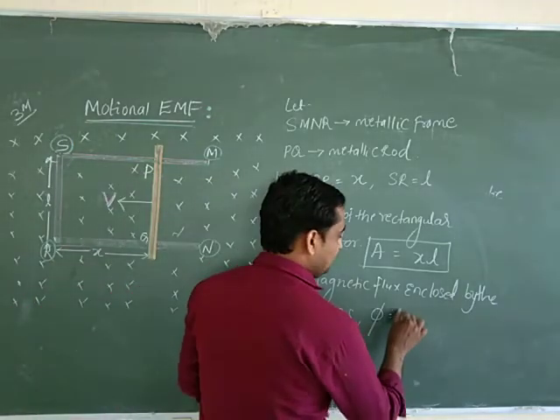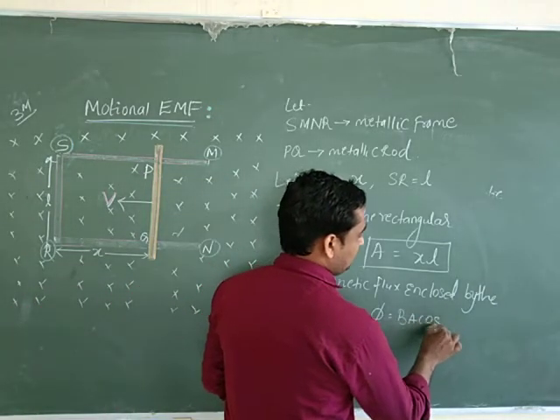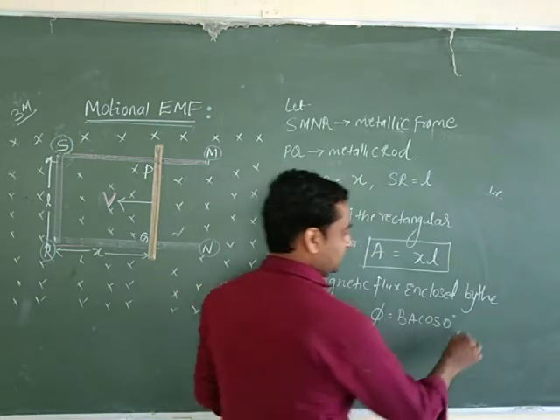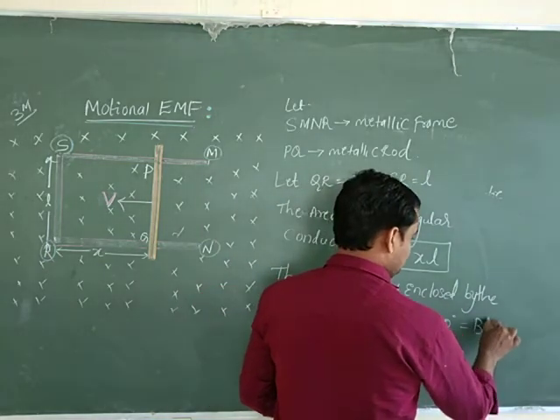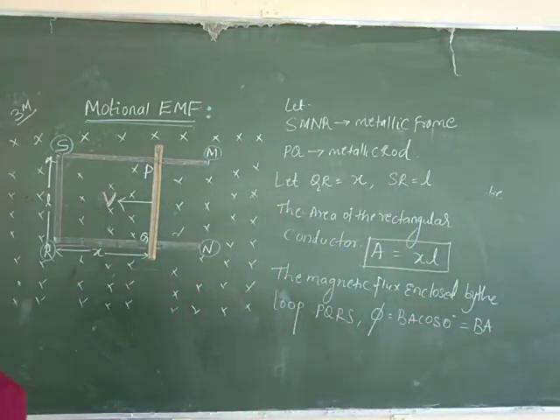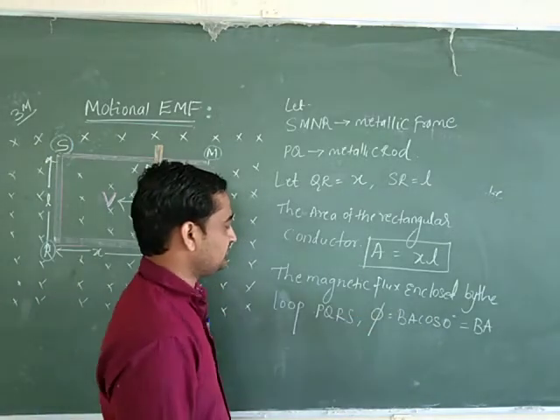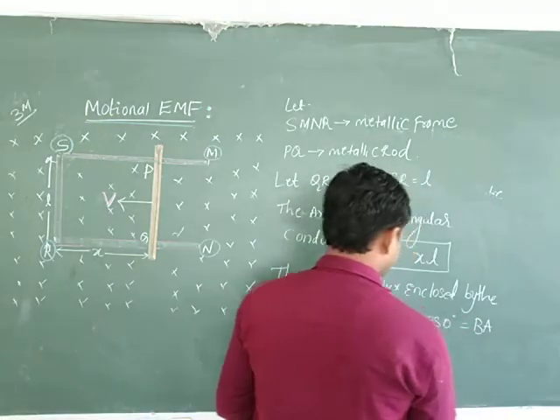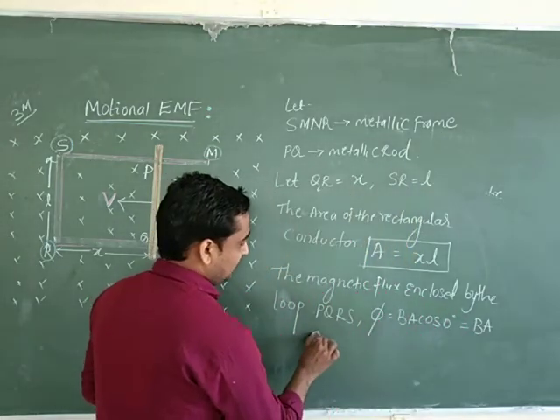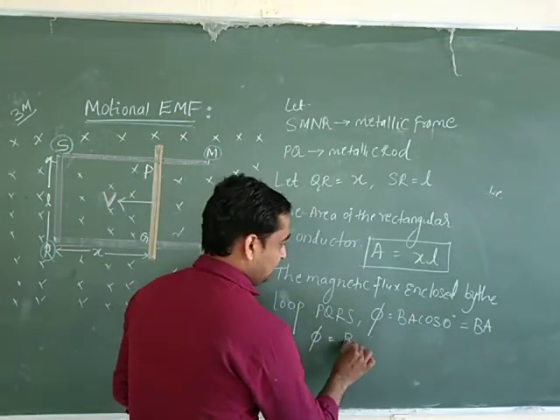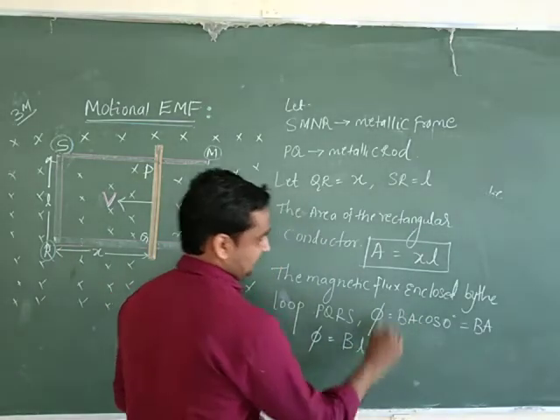So phi is equal to BA cos 0 degree. Cos 0 is 1, so it is equal to BA. B into A is the magnetic flux enclosed by the loop PQRS, but A is equal to x into L. So phi is equal to B L into x.